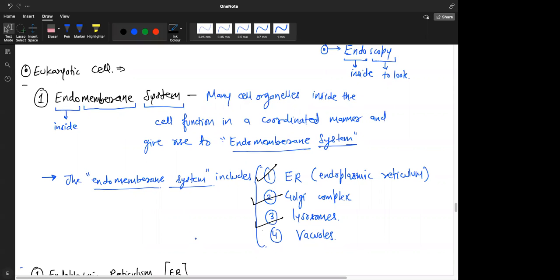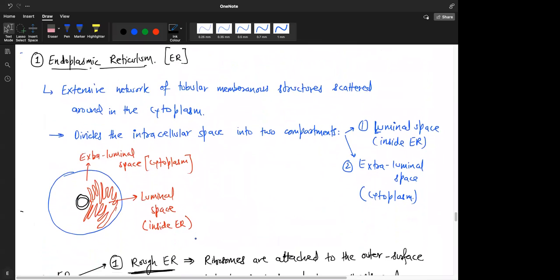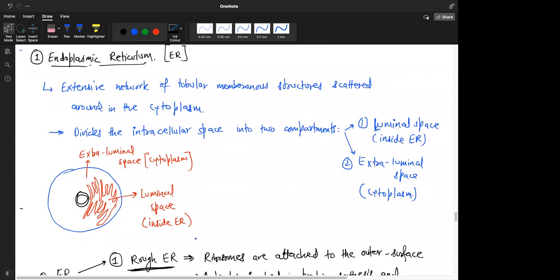First we'll start with the ER, endoplasmic reticulum. It is an extensive network of tubular structures. At one end, it touches the nuclear membrane, and at the other, it touches the cell membrane, or the plasma membrane. There are two types of ER: the rough endoplasmic reticulum and the smooth endoplasmic reticulum.